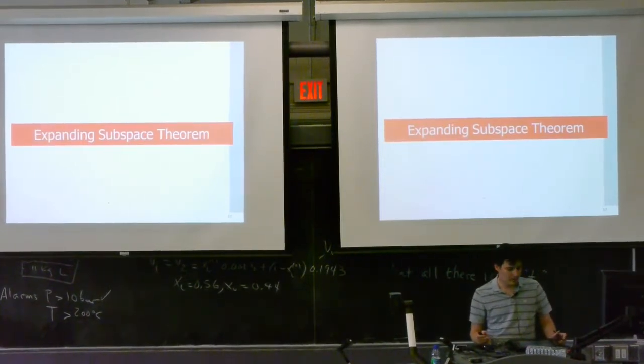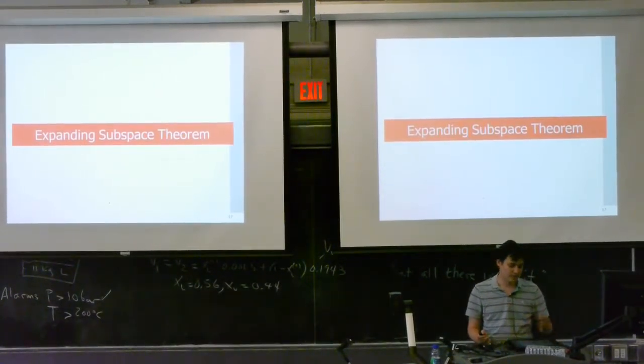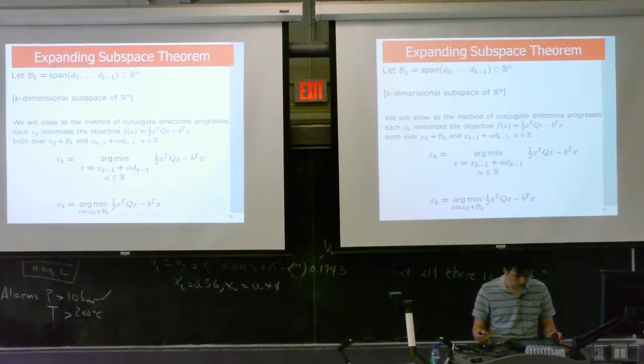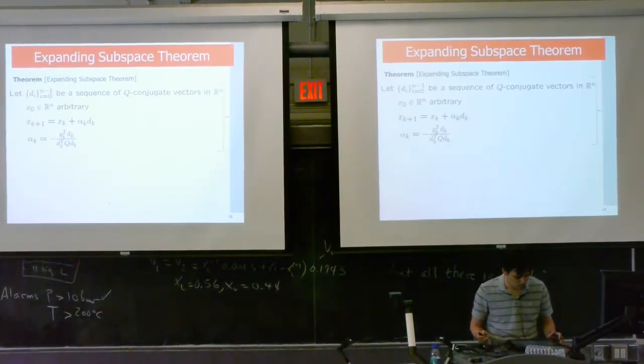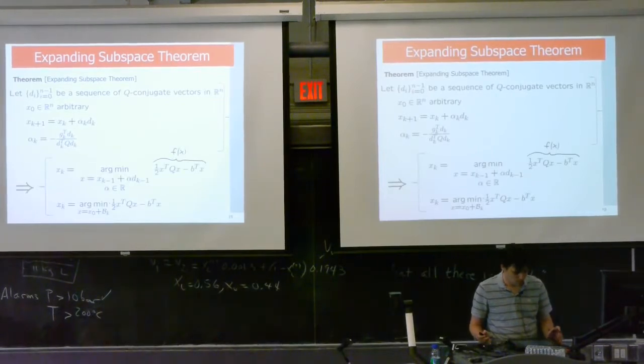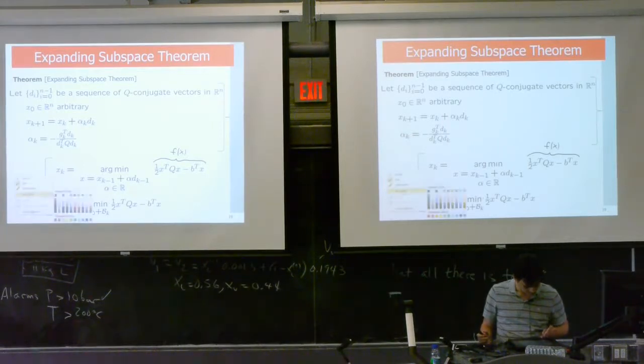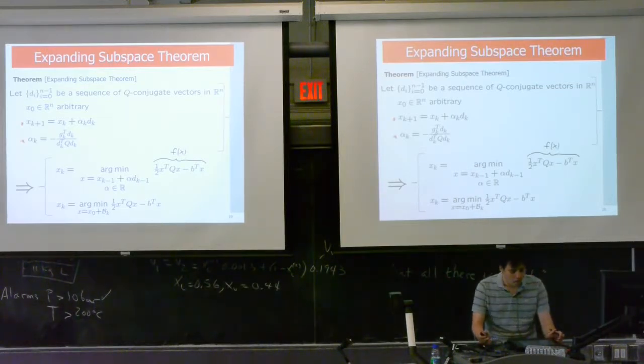And then we discussed another theorem, which was the expanding subspace theorem, which had this form: if we have, again, n Q conjugate vectors, x0 is an arbitrary starting point, we update x's with this rule, and alpha k is the same as before.